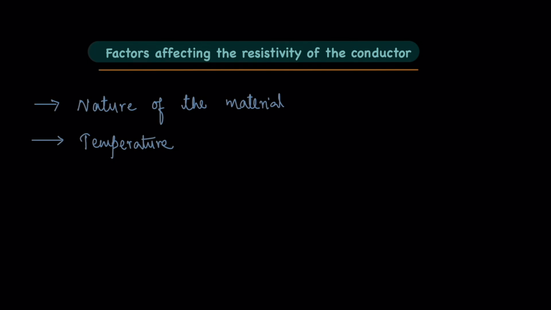So at 20 degrees Celsius, the resistivity value will be different, and at 30 degrees Celsius, the resistivity value will be different. So we know that resistance depends upon the resistivity, and resistivity depends upon the nature of the material and the temperature of the material. So these two are also factors of the resistance.